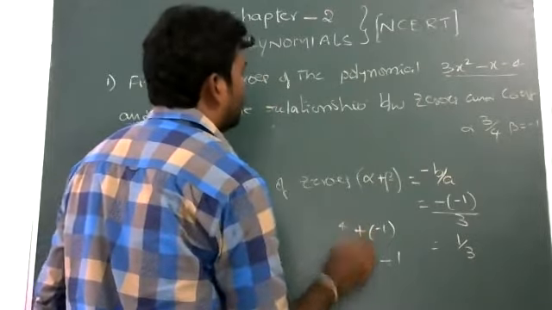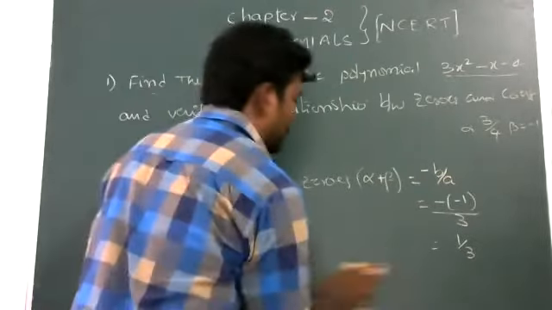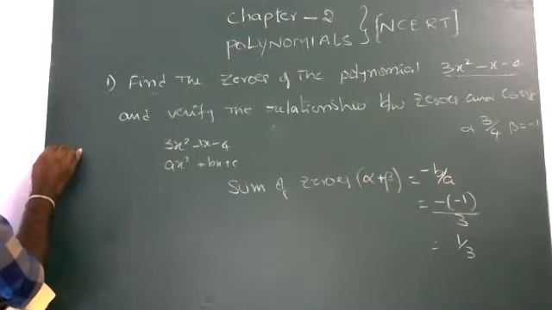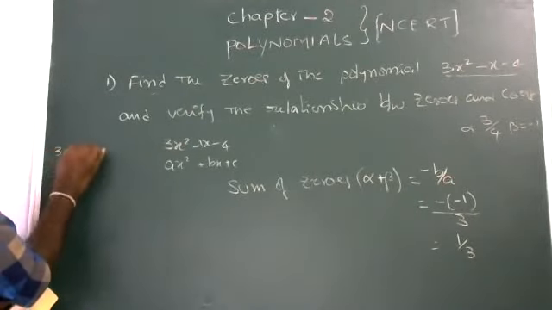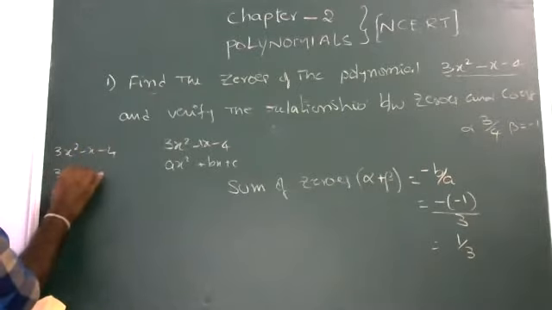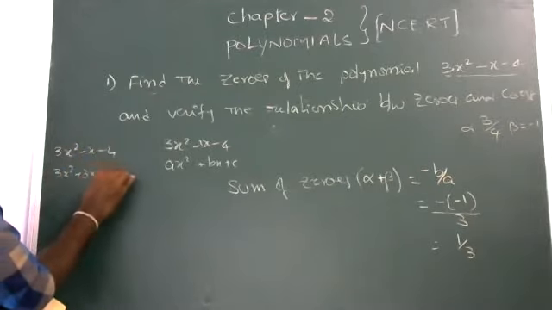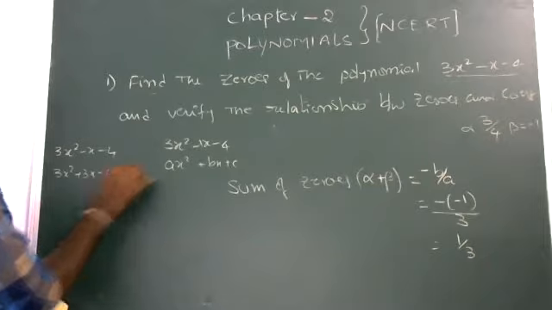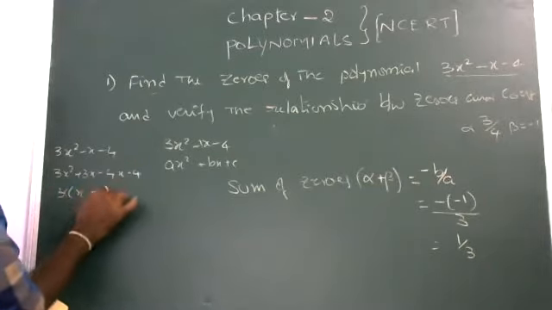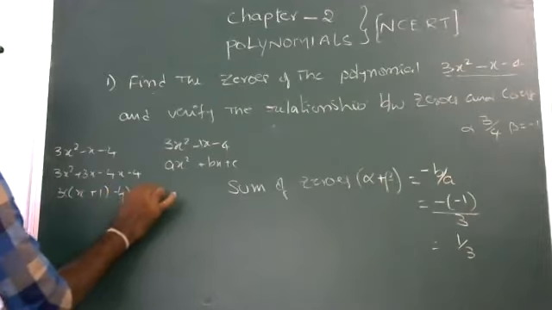What is the alpha value? I want to recall once again, sorry. 3x squared minus x minus 4 you can write as 3x squared plus 3x minus 4x minus 4. Here 3x common, x plus 1, minus 4 common, x plus 1.